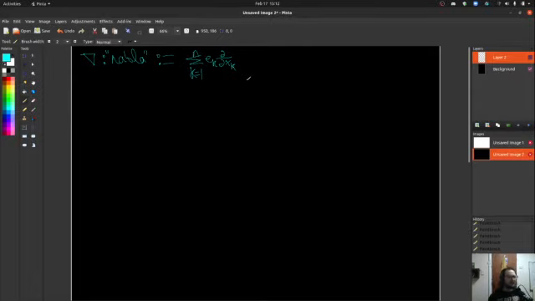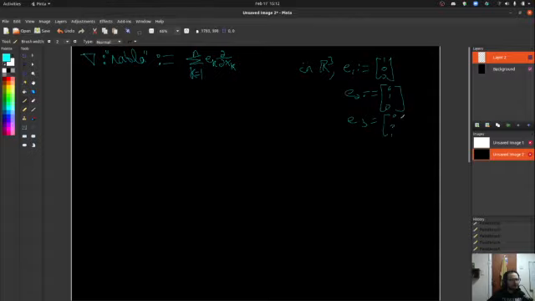So ek is the standard basis, and I hope you remember what standard basis is from linear algebra. But essentially, in R3, E1 is defined as 100, E2 is defined as 010, E3 is defined as 001.